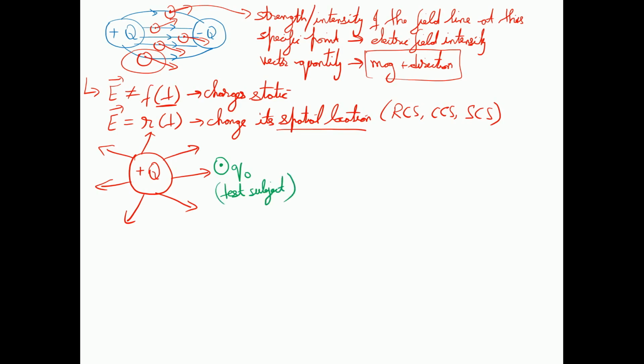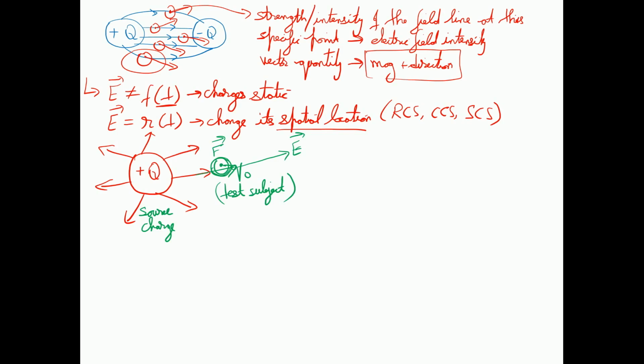And we bring that test charge in the close vicinity of this source charge Q, let us call this a source point or a source charge, then this Q naught is going to experience a force as per Coulomb's law, and this force is in turn going to give us the electric field intensity at this specific point.